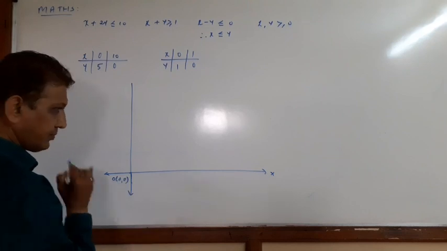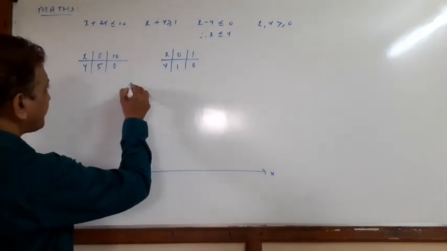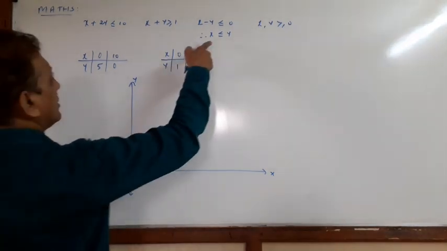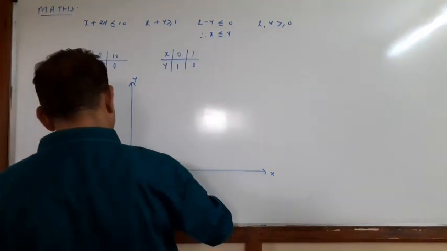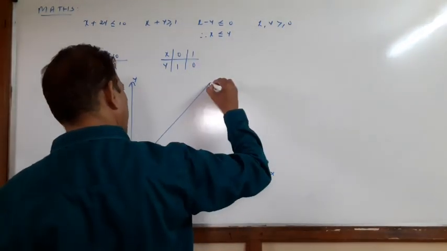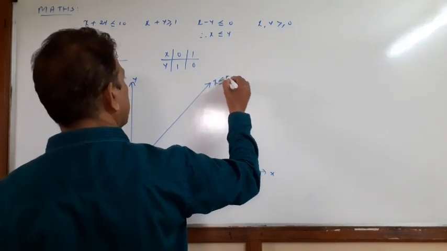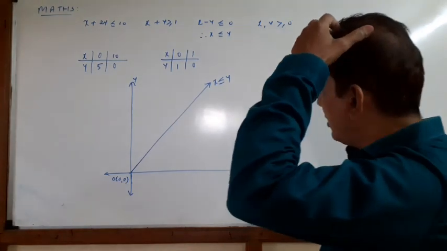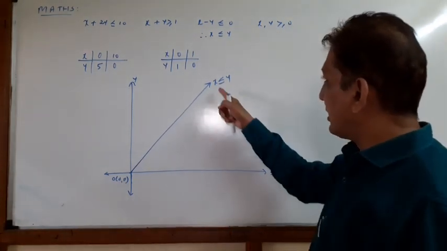Origin. Okay. This line passes through the origin. x is less than or equal to y. Now decide which portion. Now decide x less than or equal to y.